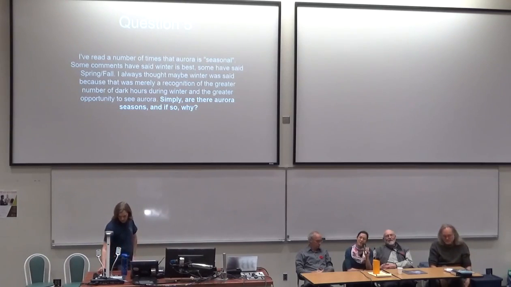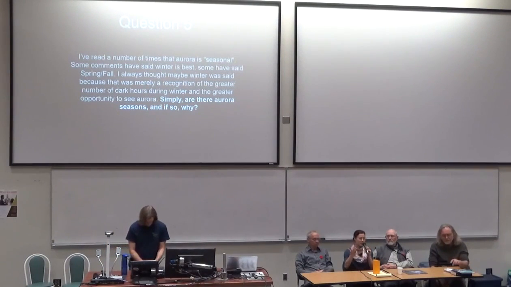So yes, there are aurora seasons, and there are 3 main factors. The first one is the length of night, so it does need to be dark to see the aurora. And so in summer, especially at high latitudes in northern summer, you're not going to see aurora just because it's light out.